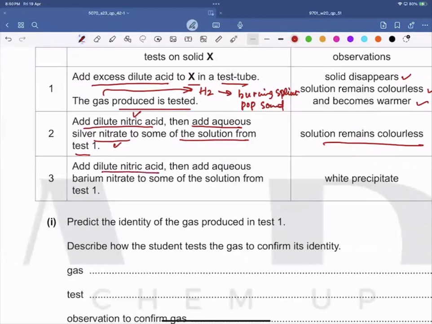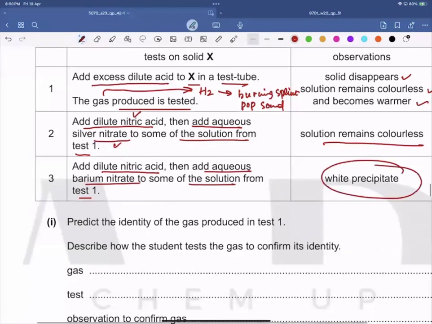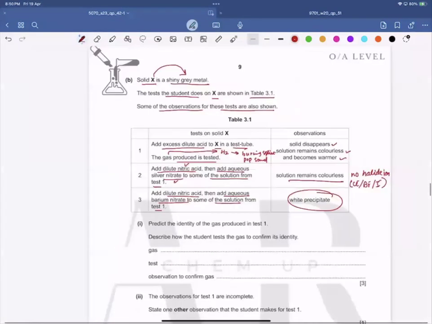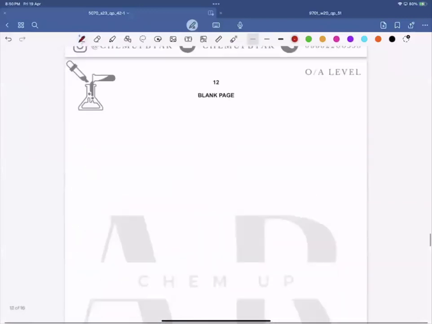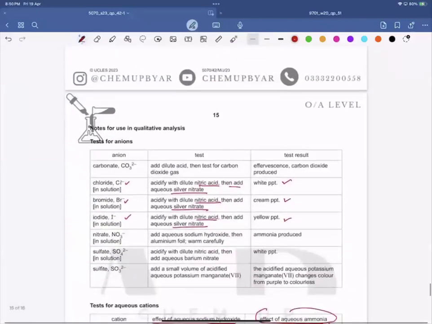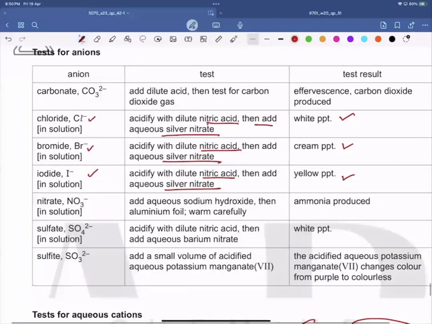We add dilute nitric acid, then we add aqueous barium nitrate to some of the solution from test one. Okay. So what did we observe? A white precipitate. So see over here, we added dilute nitric acid and barium nitrate, right? And we are getting a white precipitate, so it means it's a sulfate. Is this understandable?